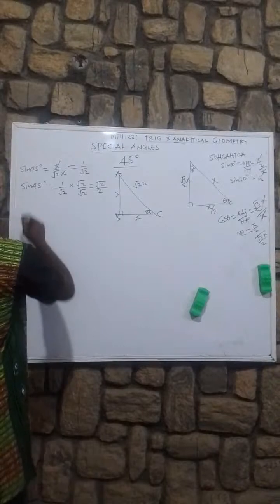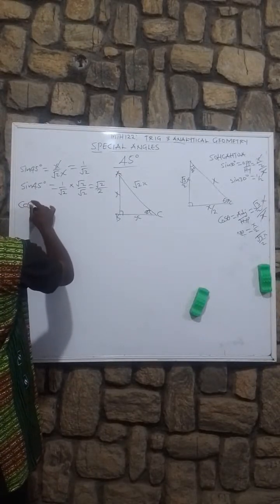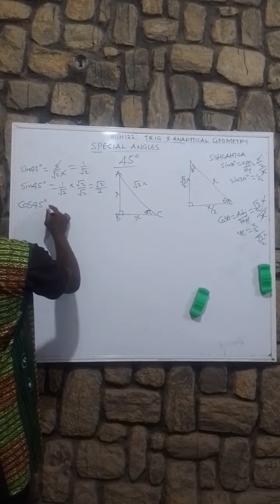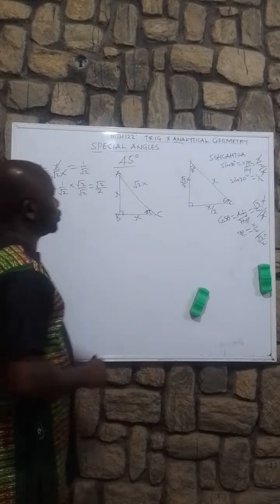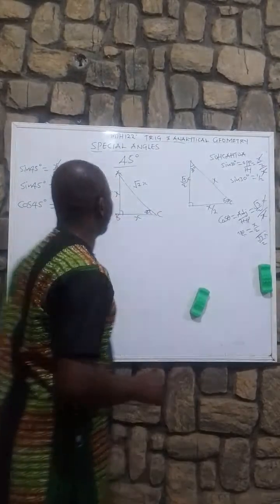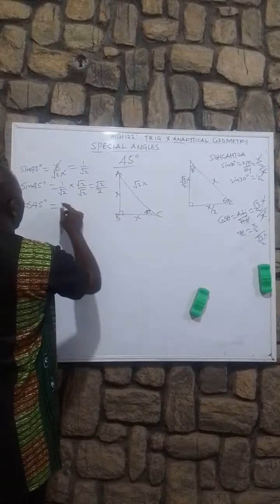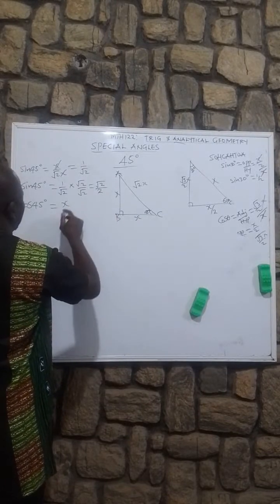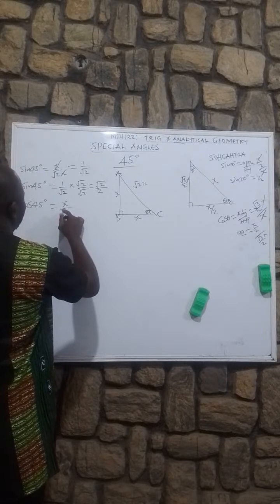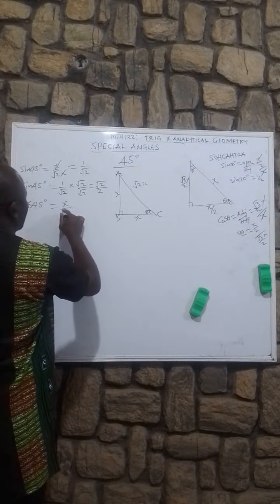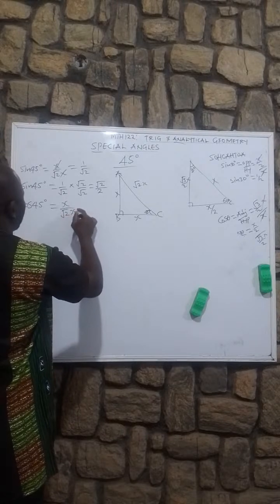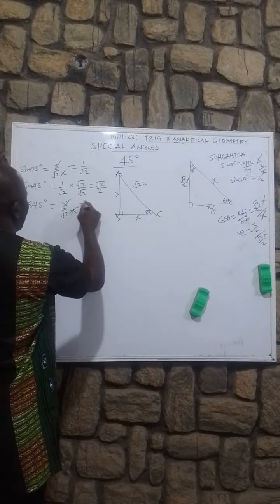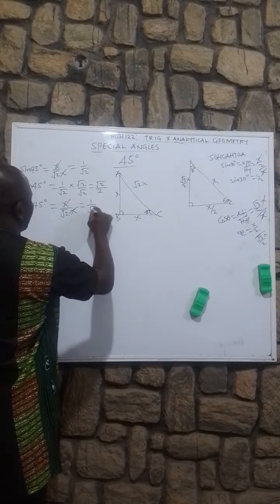Then cos 45 degree is equal to adjacent all over hypotenuse, x all over root 2x. This and this will go, giving us 1 all over root 2.